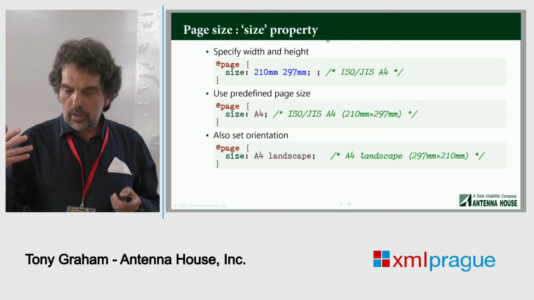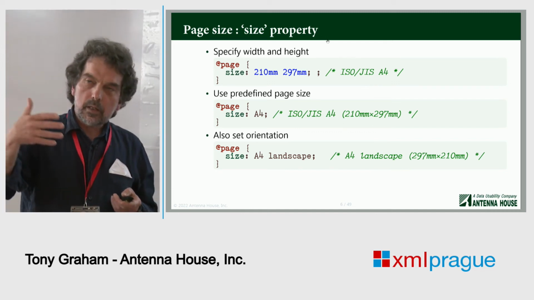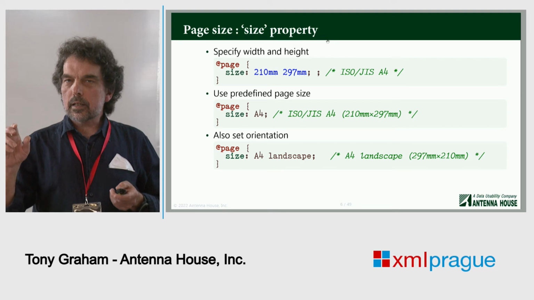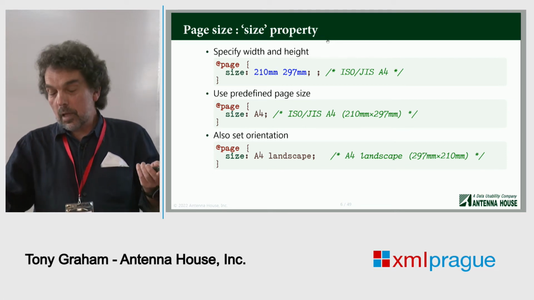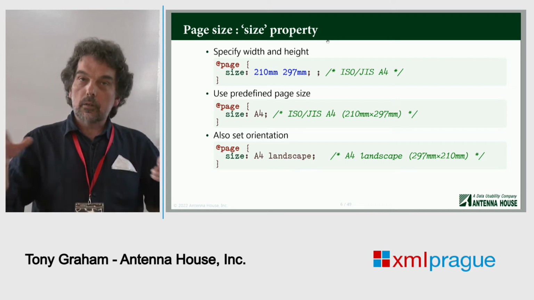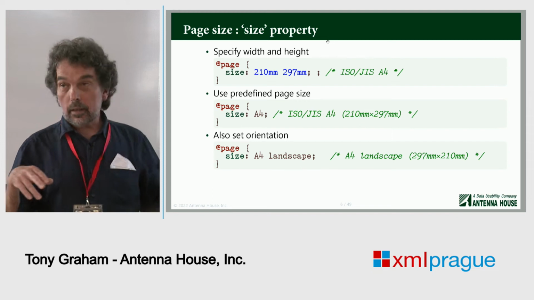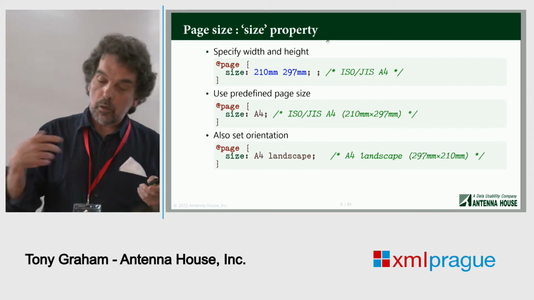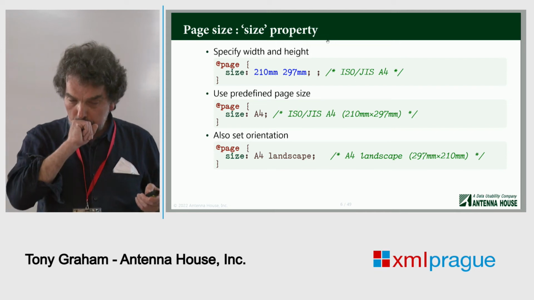They now do JIS B5 for use in Japan. And you can qualify this with a keyword portrait or landscape to say whether the A4, for example, is portrait or landscape. So you can have pages that are wide like this without having to go back to specifying the exact physical dimensions.